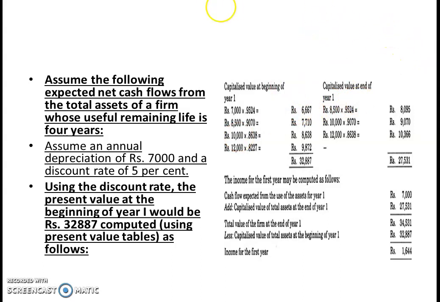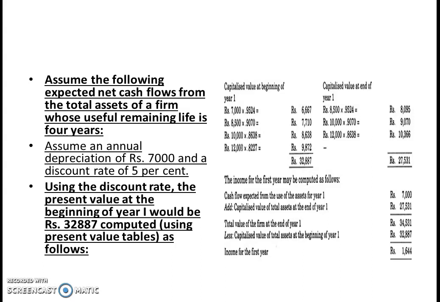Now, what you're doing, capital values at the beginning. You would take the value at the beginning of the year. So 7,000, what is the present value? You multiply by the PV factor, finding out the capitalized value. Same thing when you're talking about the second year, you are taking 8,500 into 9.9070.